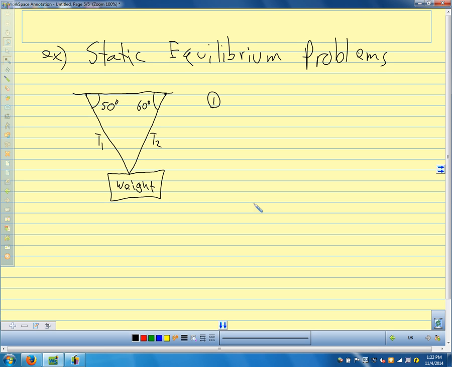So you set the x components equal to each other. If the x components don't equal each other, this thing's going to be moving, and that's not what the problem is describing. And the y components, it's not moving up or down, so the y components have to add together to equal the weight.